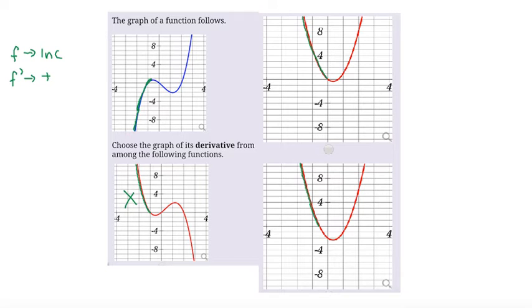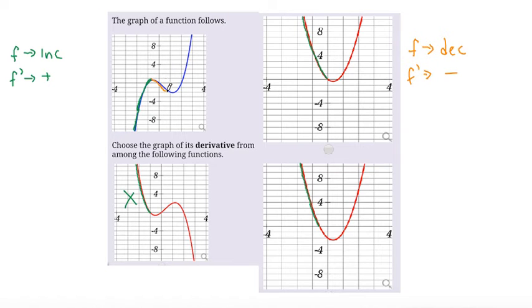The next part is that let's look at where it's decreasing. So let me use orange this time. And let's use the rule that when the function is decreasing, the derivative is negative. So if we look back at our blue function, it's going down a hill.